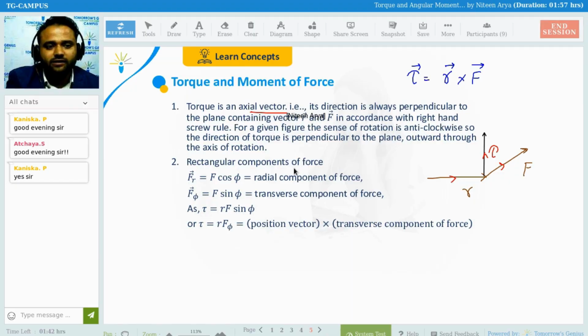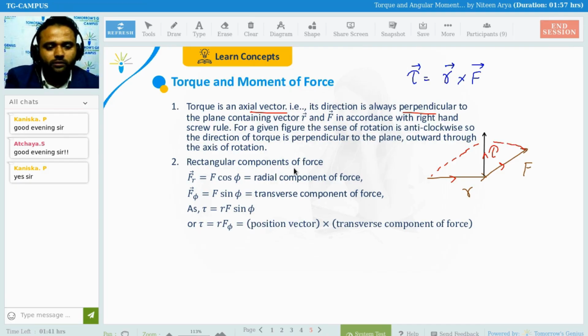So torque is an axial vector. It gives you the axis, it acts around the axis, and its direction is always perpendicular to the plane containing r and F. As you can see, this is the plane containing r and F, so the torque is perpendicular to it, either in the upward or the downward direction. Is this clear?